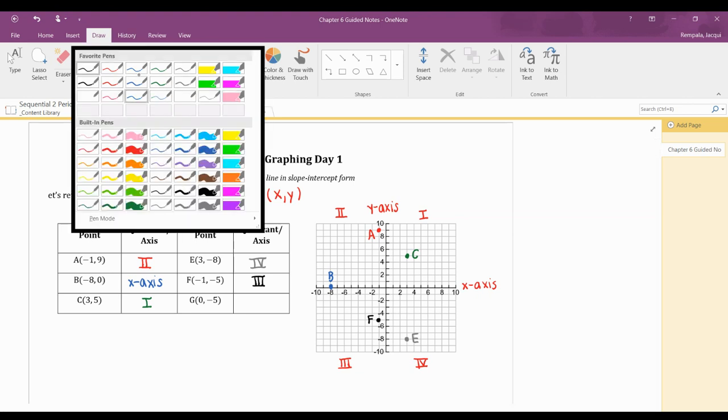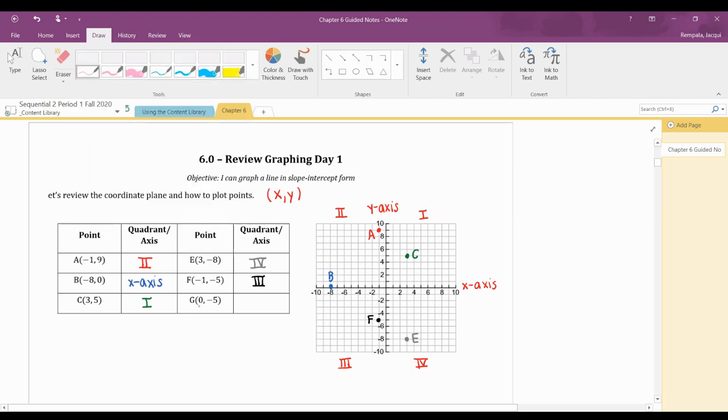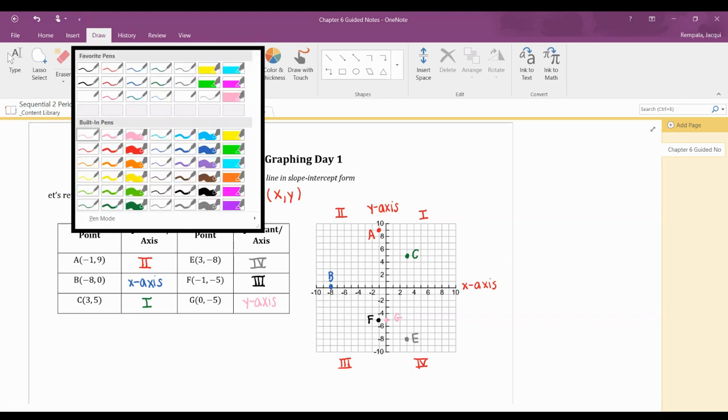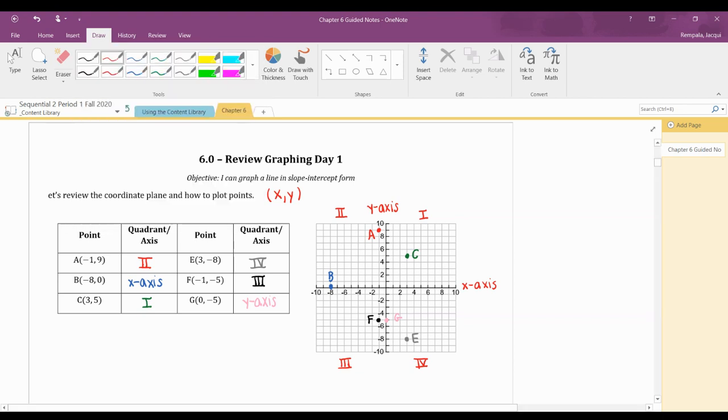And then finally, if I have point G at 0, -5, that means from here, I don't want to move left and right because 0 means we're not moving, but then I need to move down to -5. Plot that point, that's G. Notice that it is on the y-axis. All right, so that's just getting us refamiliarized with plotting some points.